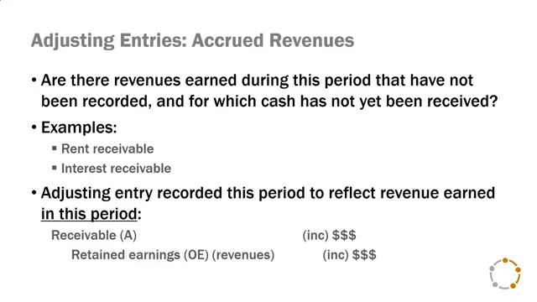The related cash effect will occur in the following period when the tenant pays the rent or the bank pays the interest. At that time, the company will record an increase in cash and a decrease in the receivable balance. So overall, with accrued revenues, all we're doing is recording revenues the company has earned during the current period but has not yet received in cash.